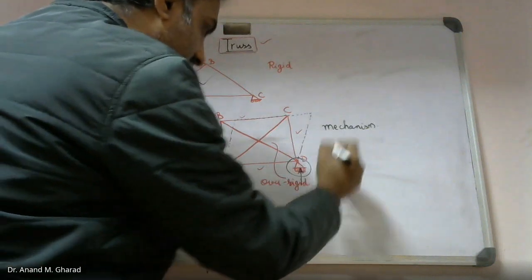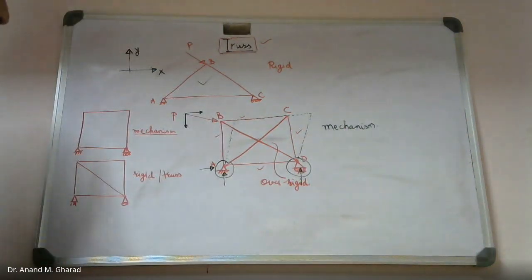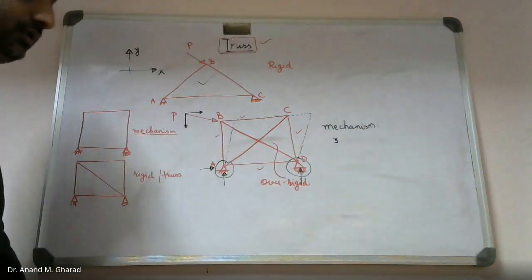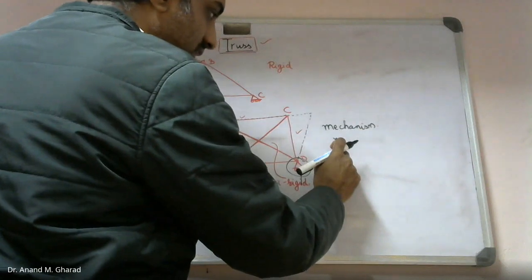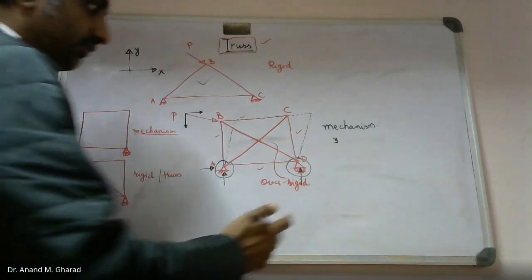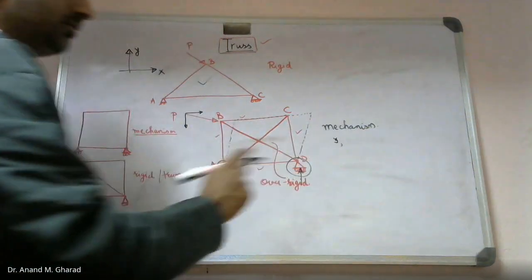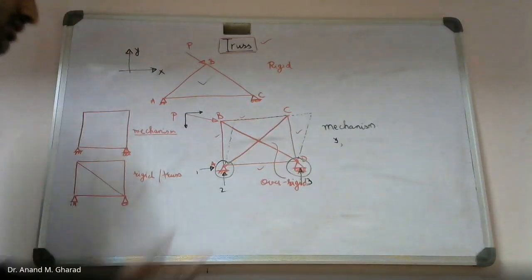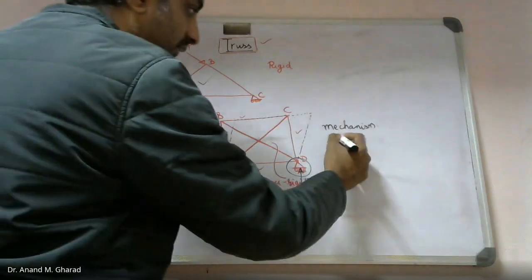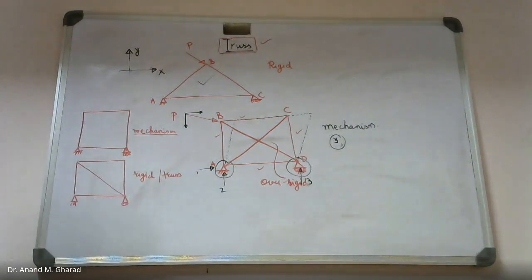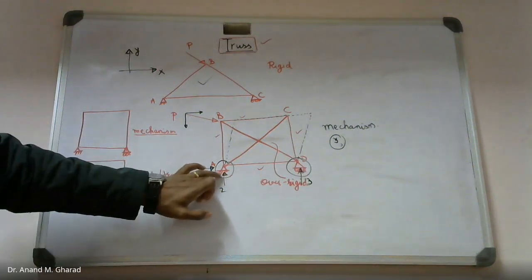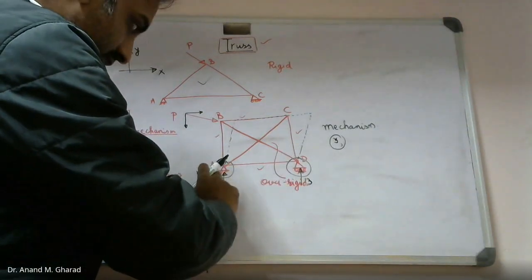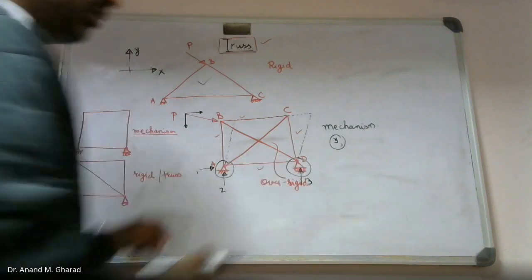Now, how many equations of equilibrium do we have? We have three equations of equilibrium. With the help of these three equations, we can find out the equivalent number of unknown parameters. So how many unknowns are there? 1, 2, 3. These three unknowns can be found with the help of the available equations of equilibrium, right? Therefore, in order to maintain determinacy, we apply one hinge and another roller support.